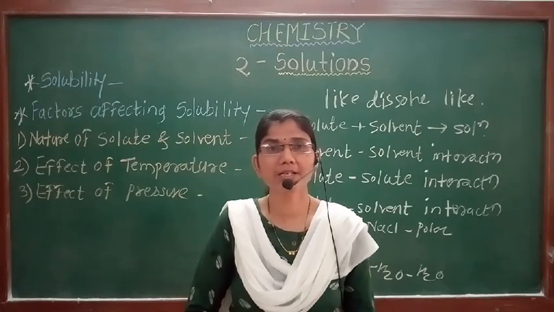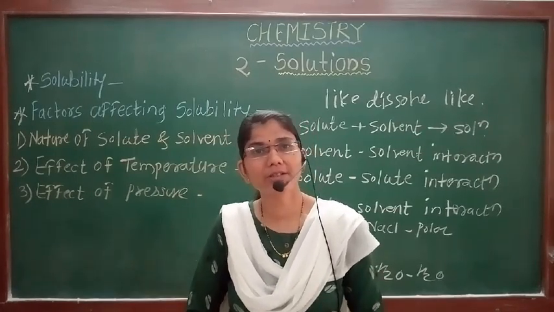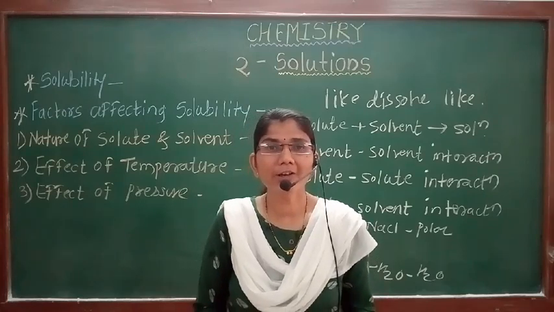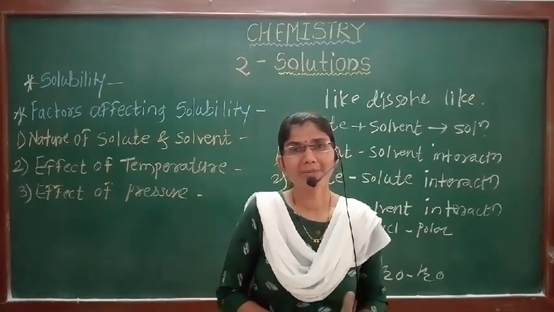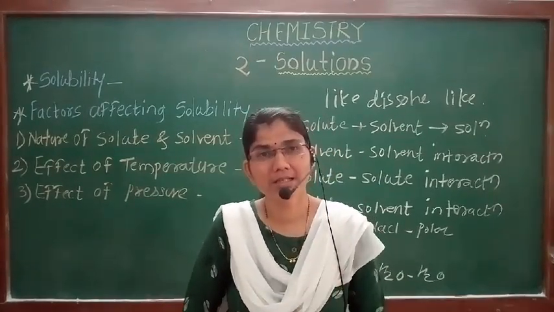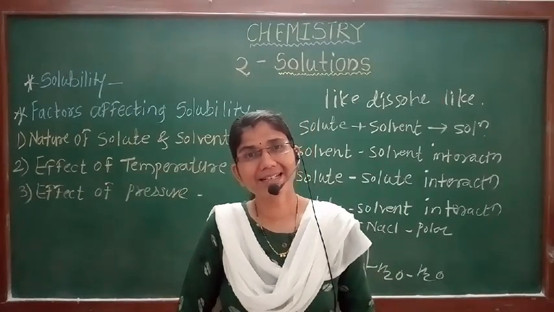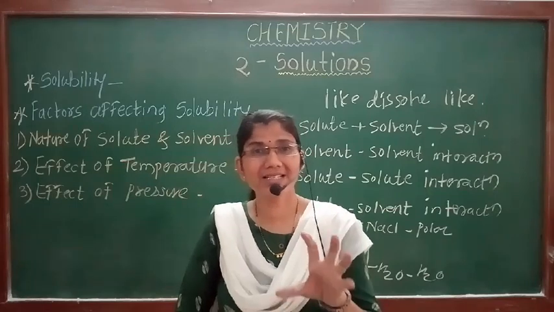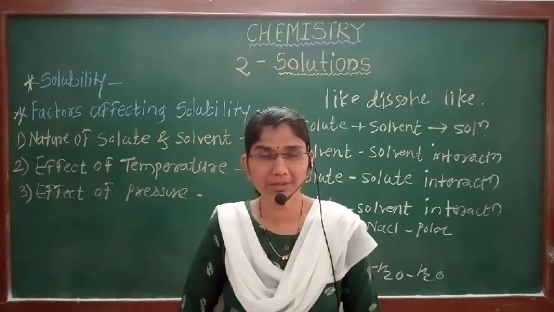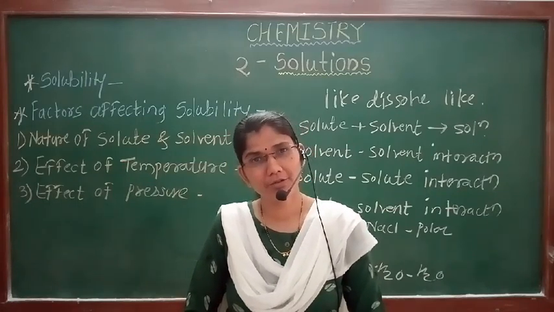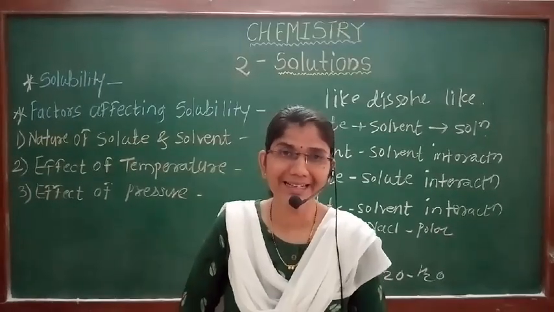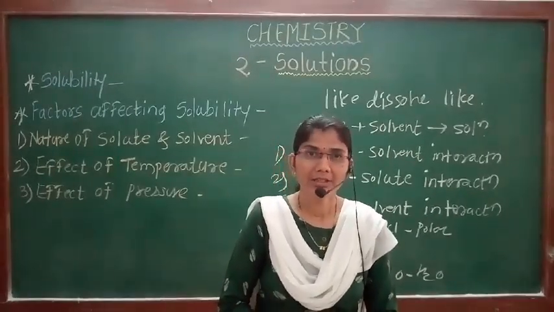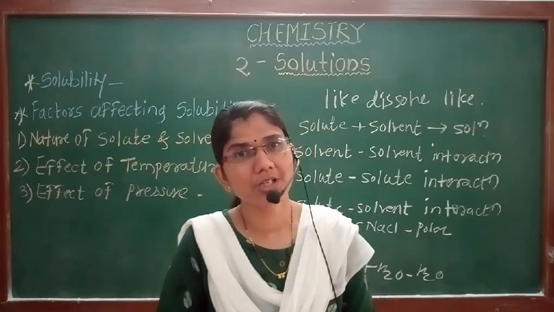Sugar is non-polar and water is polar, because polar means it gets separated into its two poles, while non-polar means it does not get separated. It is present as it is in a neutral form. Still, it dissolves in water due to intermolecular hydrogen bonding.